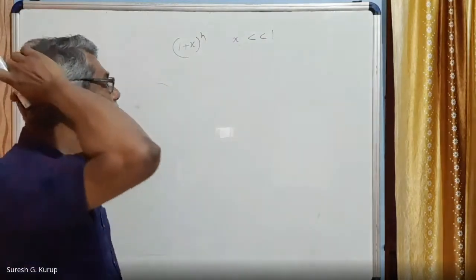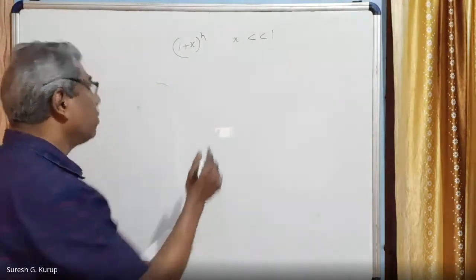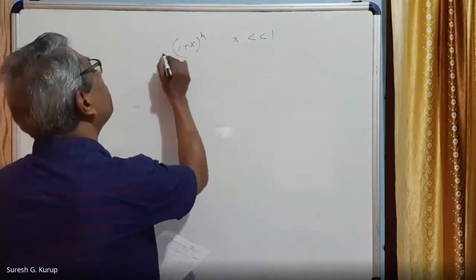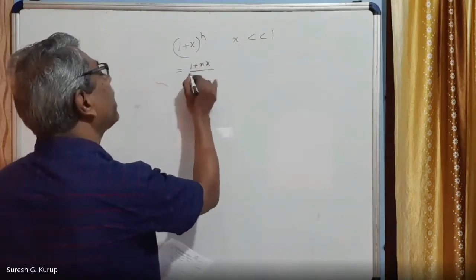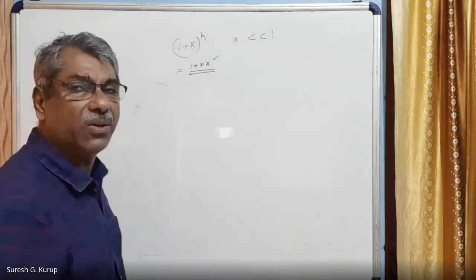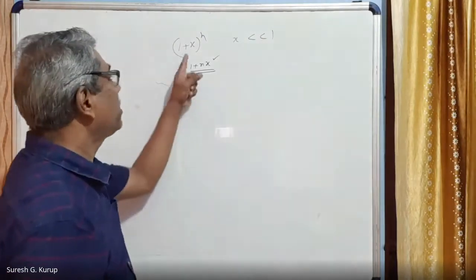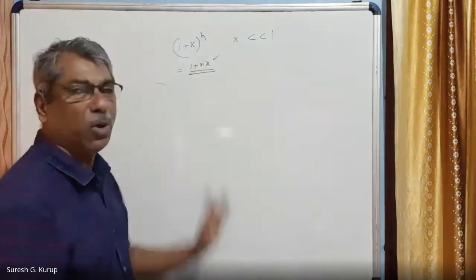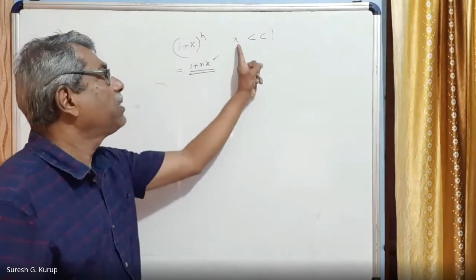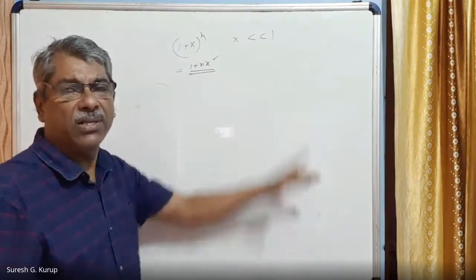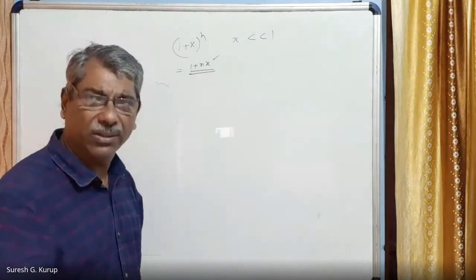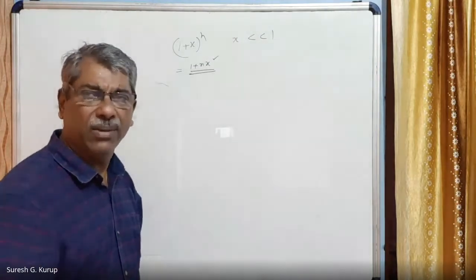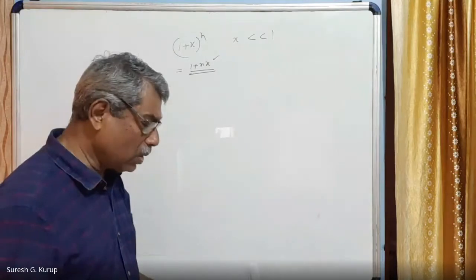So in such a thing, we can write the value of 1 plus x the whole raised to n as equal to 1 plus nx. This is the solution of this. Remember, x is a term that is very much less than 1. That can be 0.0001 or 0.01. That must be less than 1, right?